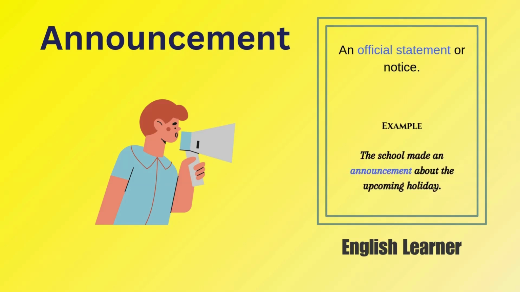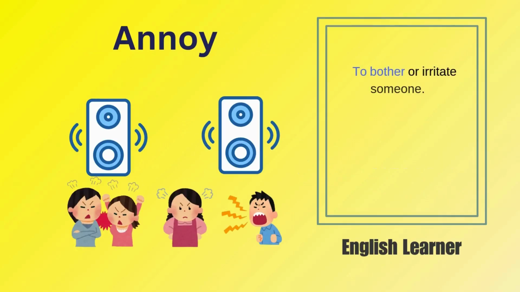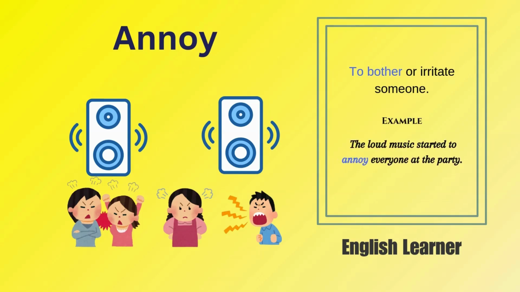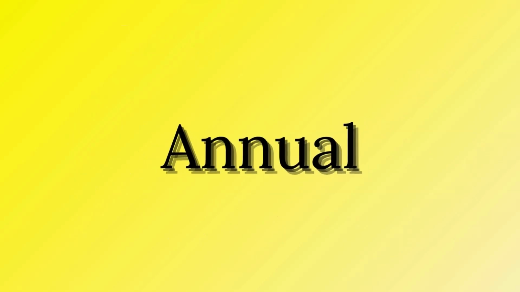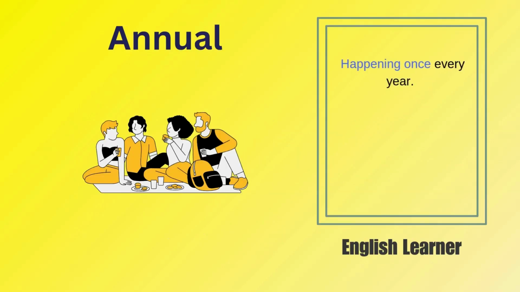The school made an announcement about the upcoming holiday. Annoy. To bother or irritate someone. Example. The loud music started to annoy everyone at the party. Annual. Happening once every year.